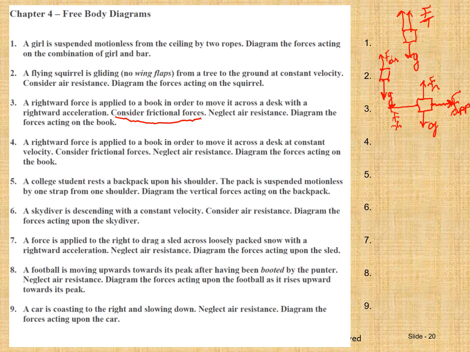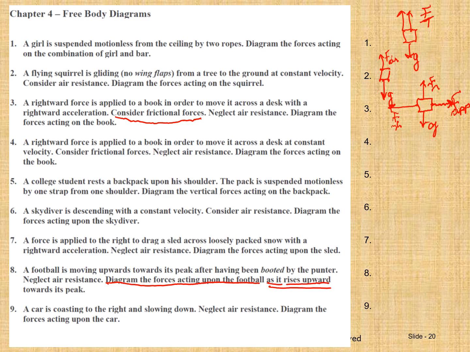Diagram the forces acting upon the football as it rises upwards towards its peak. This is the trick part of the question. It says diagram the forces acting on the football as it rises upward towards its peak.